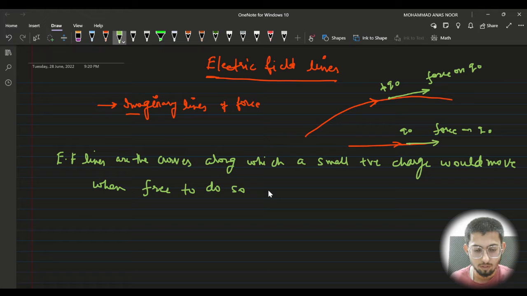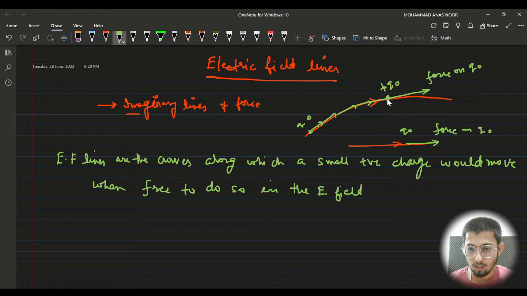What it means is that if you put a charge here and free it so it can move anywhere, it will move in the direction of the electric field, because at every point it will experience a force in this direction. So it will trace the path of the electric field. That's what is written in the definition.